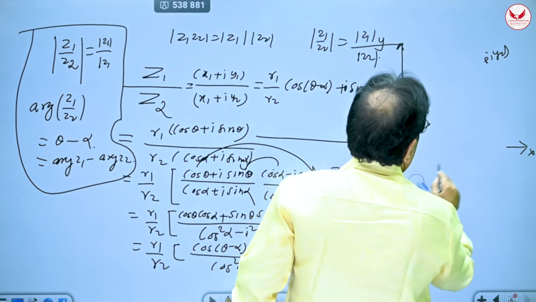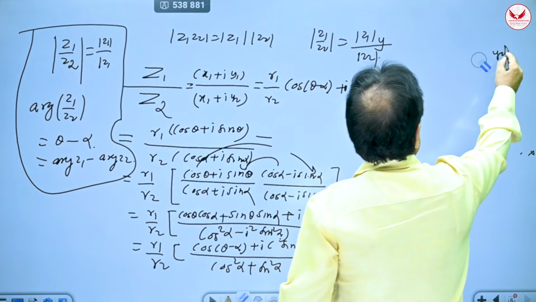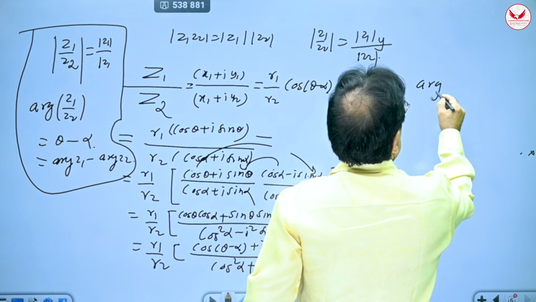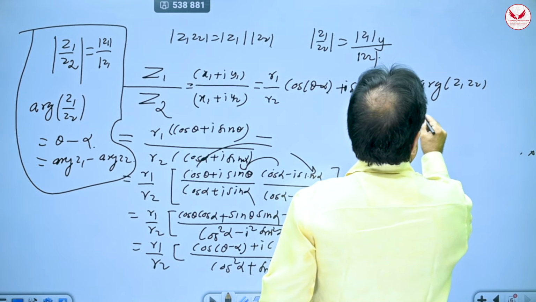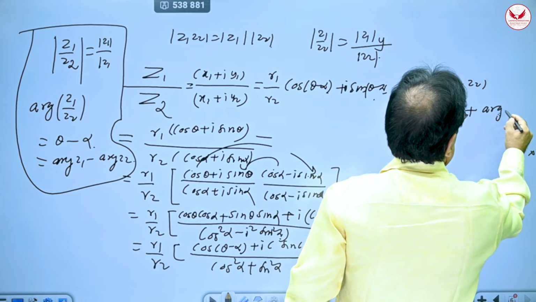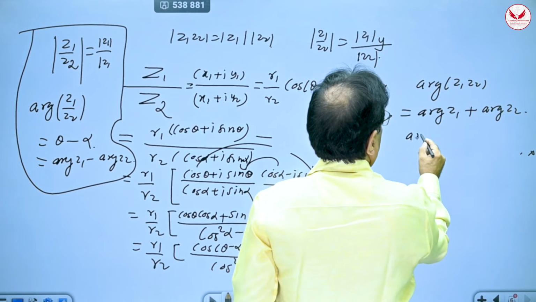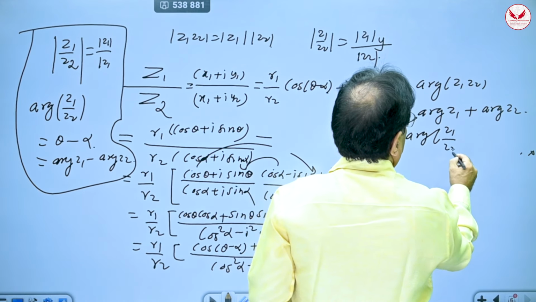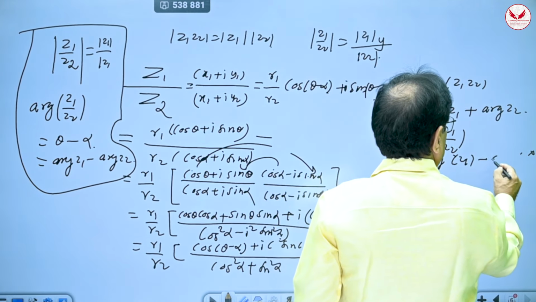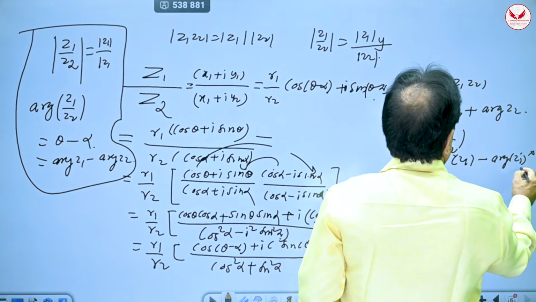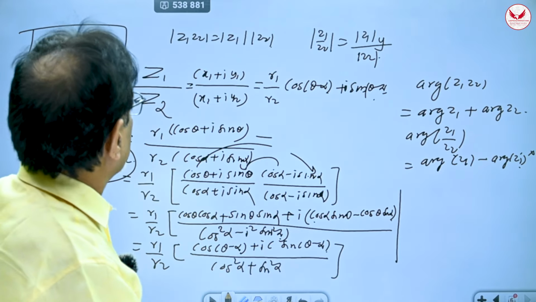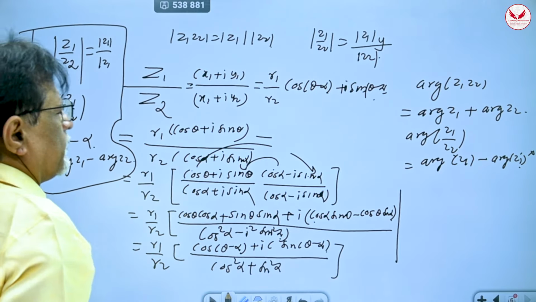Arguments behave like logarithms. So argument of Z1 Z2 is argument of Z1 plus argument of Z2, and argument of Z1 upon Z2 is argument of Z1 minus argument of Z2, right? So these are the properties of multiplication and division.